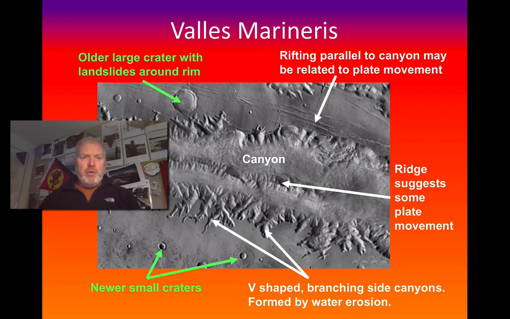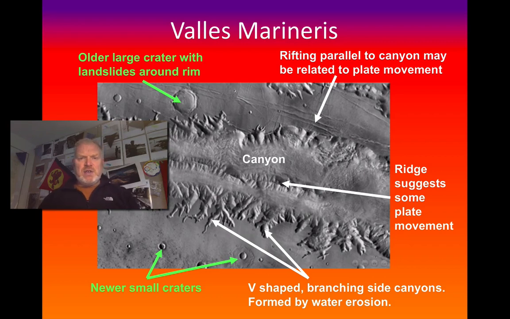Now, like we saw on the moon, there's a larger crater here with some evidence of landslides around the rim, perhaps suggesting it's quite an old crater. It suggests this area around the Valles Marineris is an old part of the crust. There are newer craters as well, smaller ones, again like we saw on the moon, that have these sharper edges.